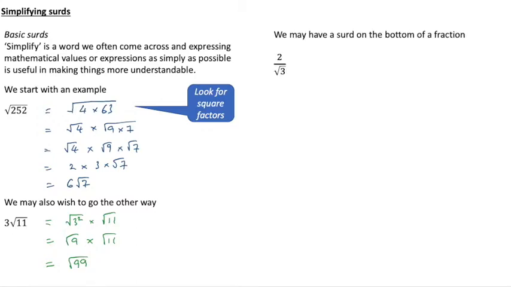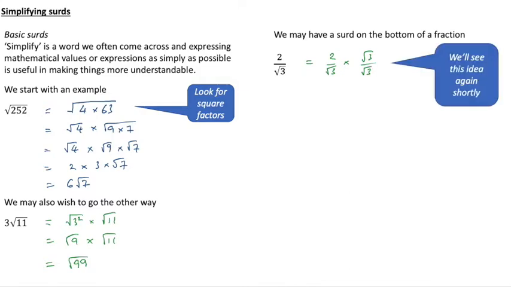We might have a surd on the bottom of a fraction, and because division is much more difficult than multiplication to sort of work out or rough out, then it's worth not having surds on the bottom. So how do we deal with that? Well, there's a very neat trick, which is we times the top and the bottom of the fraction by the surd that's on the bottom, because then on the bottom we're going to get root 3 squared, and this idea comes up again later.